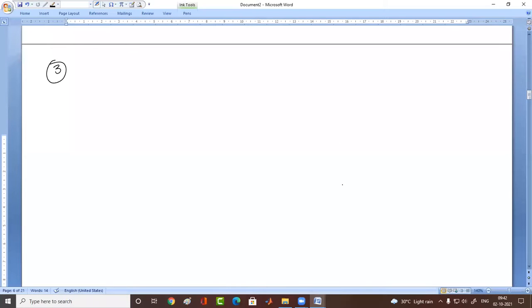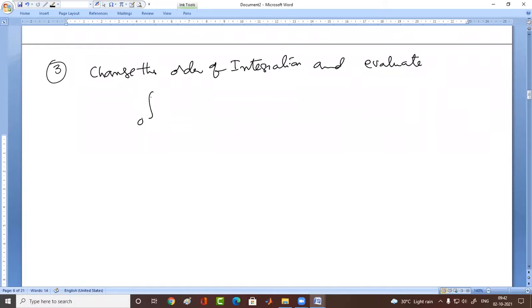Now coming to another question. Change the order of integration and evaluate integral 0 to a, integral x by a to root over x by a, x square plus y square dx dy.